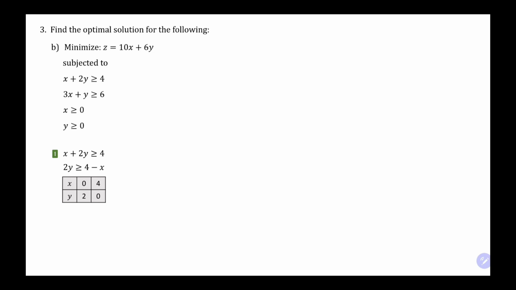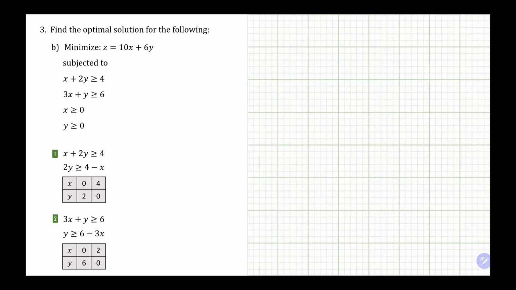When y equals 0, we get x equals 4. Next, we have 3x plus y greater than or equal to 6. We arrange y on the left side, so we get y greater than or equal to 6 minus 3x. Then we find the intercepts. When x equals 0, y equals 6, and when y equals 0, we get x equals 2.